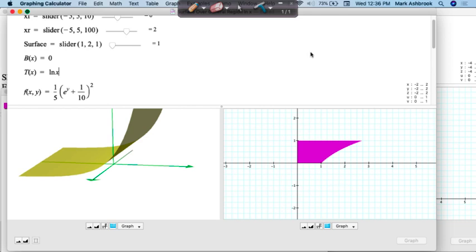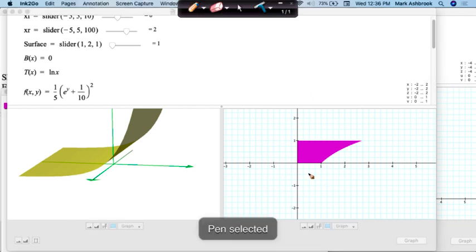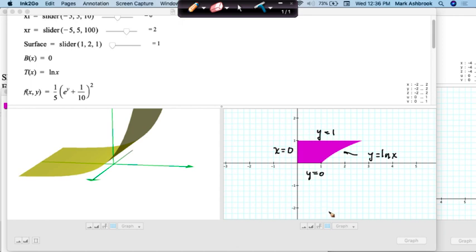Okay, so here I've got y equals ln of x, and y equals 1, and y equals 0, and x equals 0. First I want you to sketch that region. Could you sketch that region in R3?